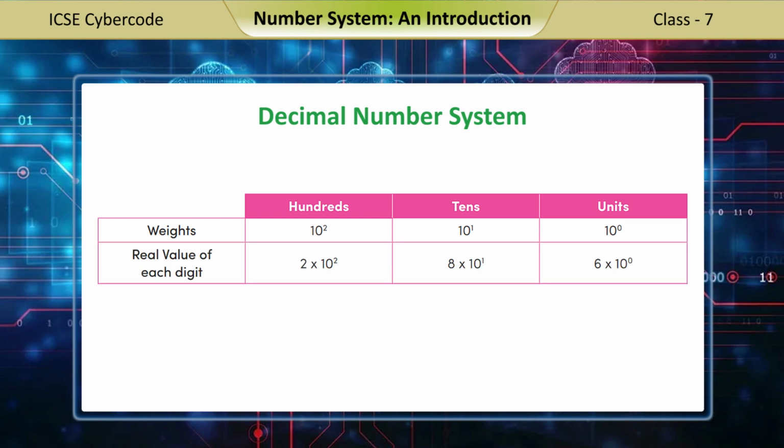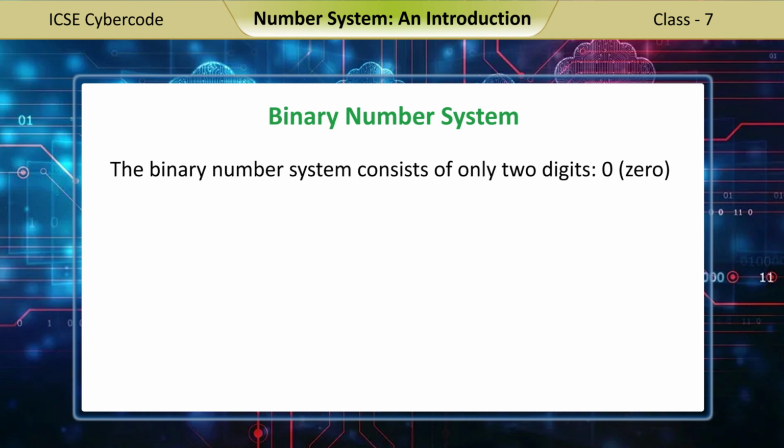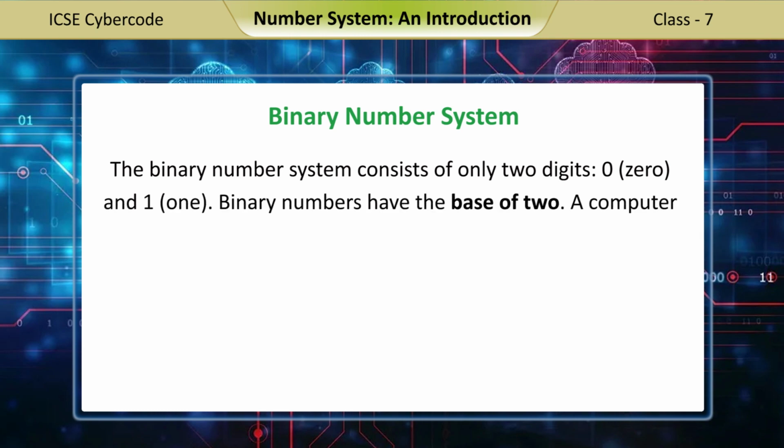Real value of each digit: 2 multiply 10 to the power of 2, 8 multiply 10 to the power of 1, 6 multiply 10 to the power of 0. Result: 286.